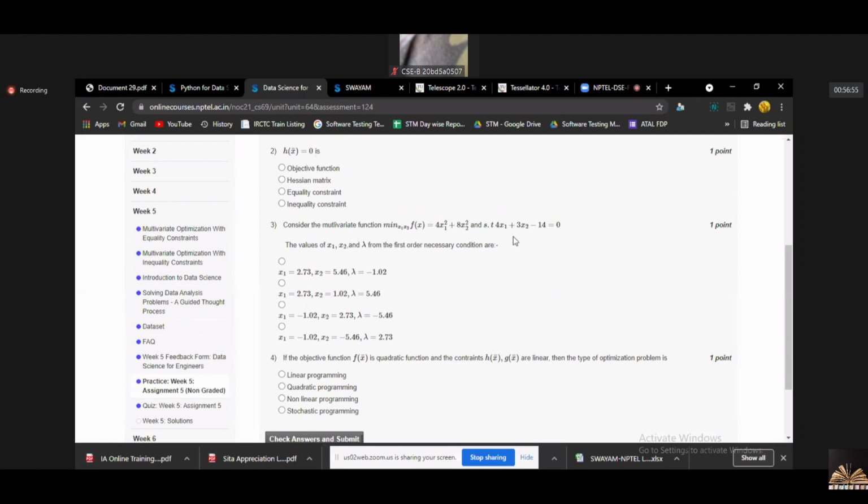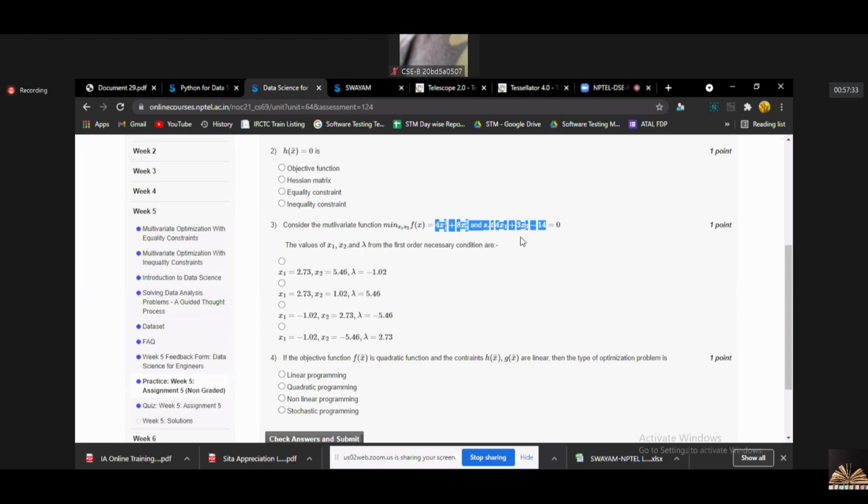Consider the multivariate function and find the values of x1, x2 and lambda from the first order necessary condition. In the next class I will explain this, because the procedure is different. I will solve and show you how you get the values, but not by using a Lagrangian function, because here it is given a multivariate function, minimum x1 x2 f of x.